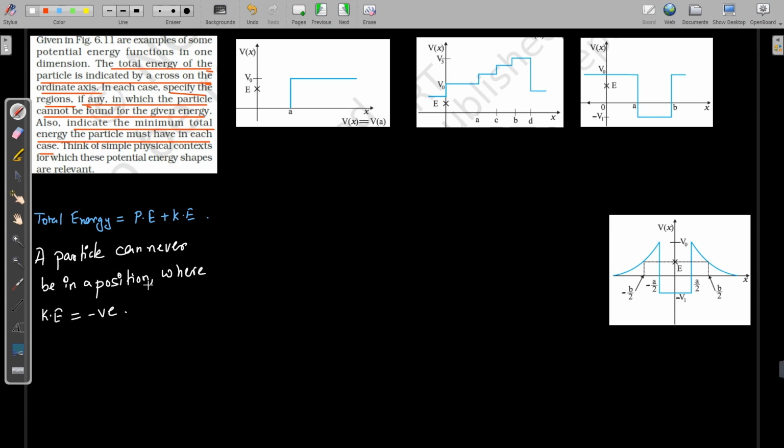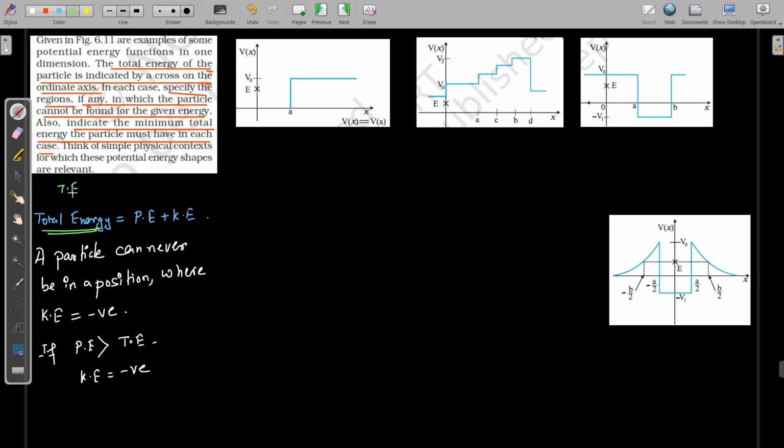Okay, kinetic energy negative means what? That means if potential energy is greater than total energy, kinetic energy should be what? Negative. Yes or no? Just see. Is it possible?